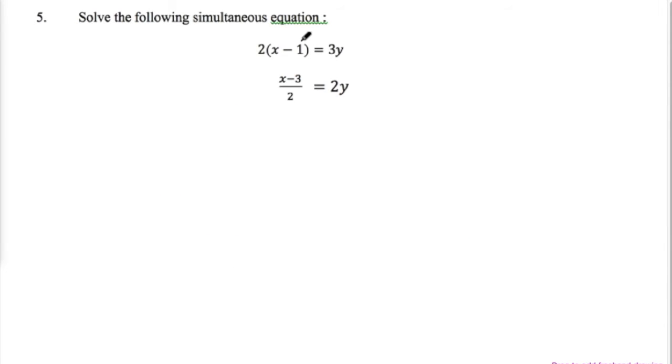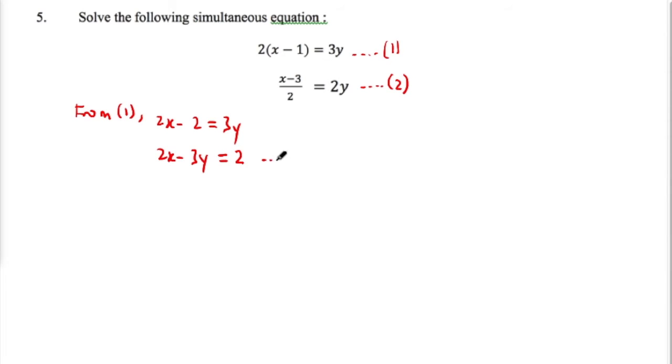In question 5, we must solve two simultaneous equations. We label one as equation 1 and the next equation as equation 2. The equations are not in a proper form, therefore we need to rearrange them. From equation 1, we have 2x minus 2 equals 3y, and we rewrite it as 2x minus 3y equals 2 and call this equation 3.